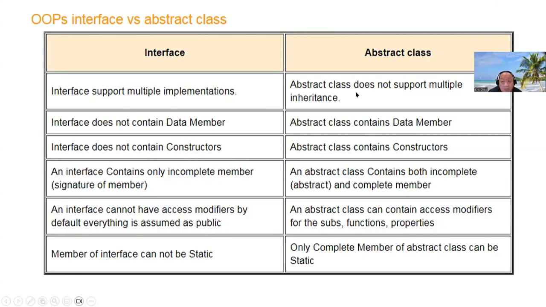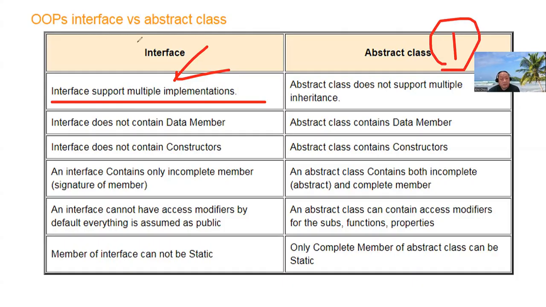Okay, so object class does not support multiple inheritance, and the interface does. So in a way, you can implement many interfaces. One object class and multiple interfaces is allowed. So you can implement several interfaces.